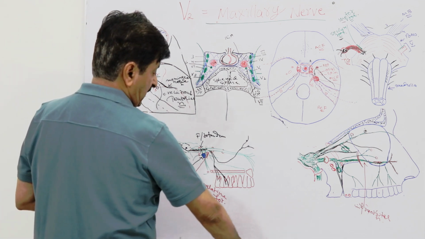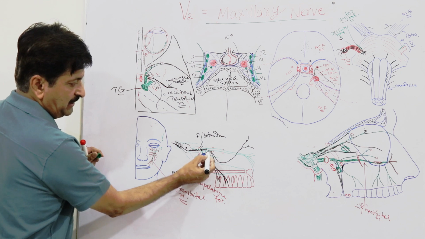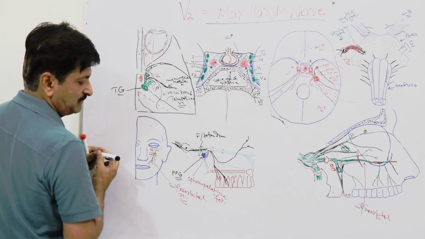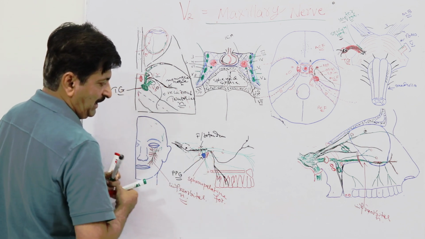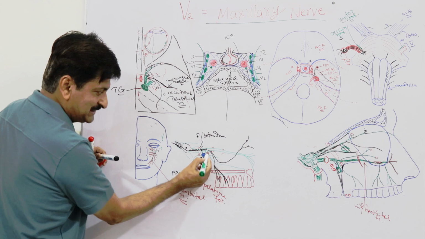You see that when a nerve emerges, from where? This nerve emerges from the maxillary nerve, enters into the pterygopalatine, I mean sphenopalatine foramen, and now it enters into the nasal cavity.